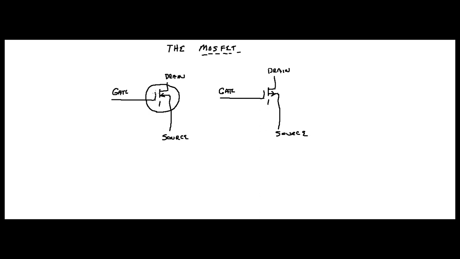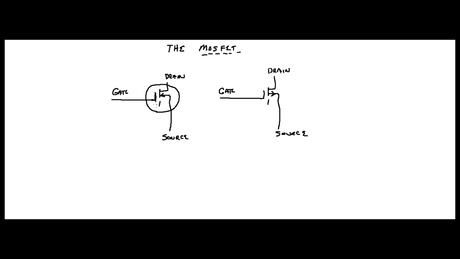Now, how this particular item is engineered is you need a gate voltage, obviously a voltage put on the gate, right? And what that's going to do is create a bridge. The JFET, we talked about a channel. The MOSFET, we talk about a bridge.